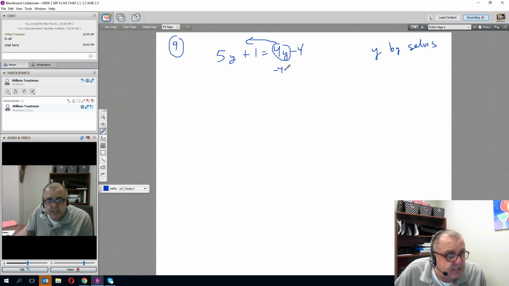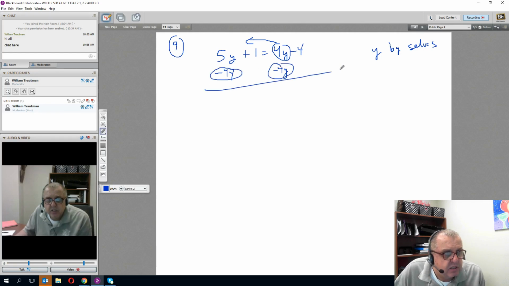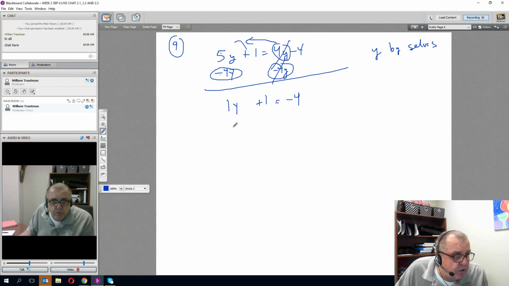The only way to take it to the other side is minusing 4y from both sides. Plus and a minus cancel. I'm left with a negative 4 here, a plus 1 here, and 5y minus 4y. 5 minus 4 is a 1y. Now, another way of writing 1y is just y.